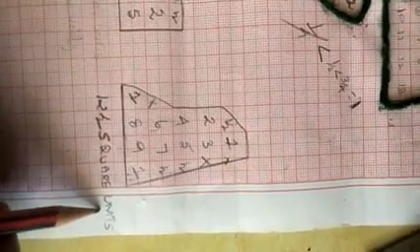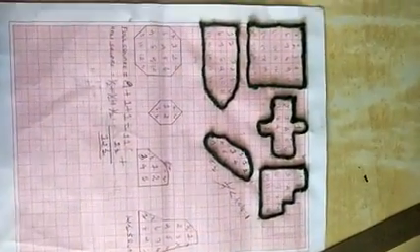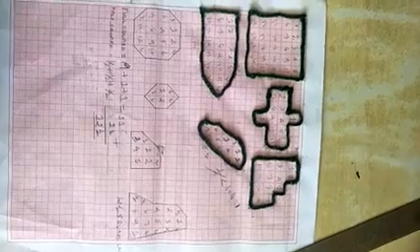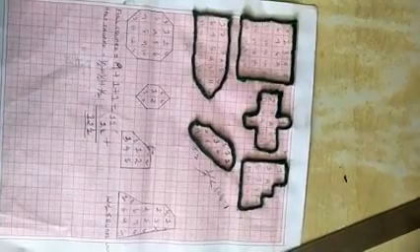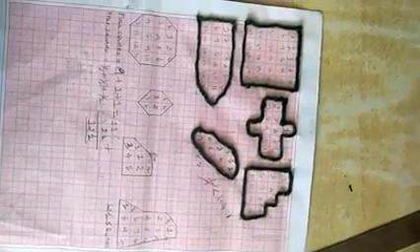Dear children, in this session you learned how to count squares. For a given figure, regular or irregular, you can calculate the area of the figure by counting how many squares it contains using the graph paper.